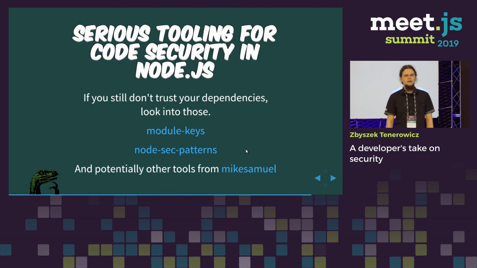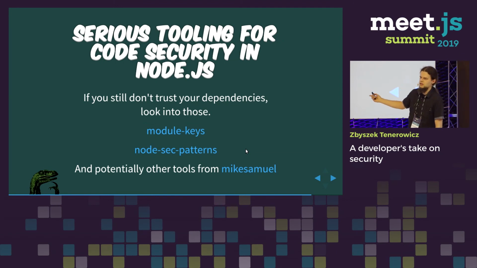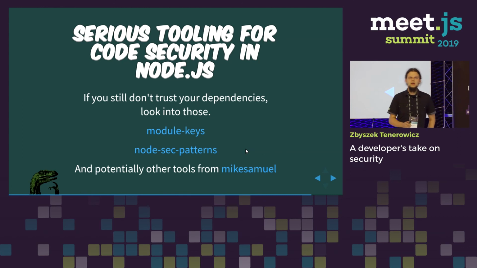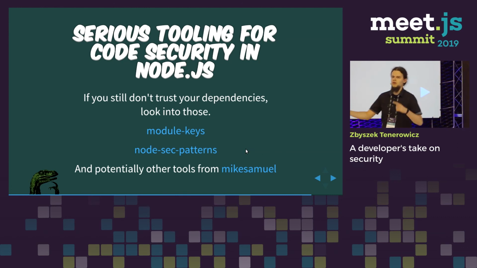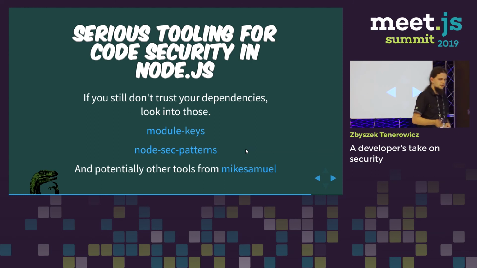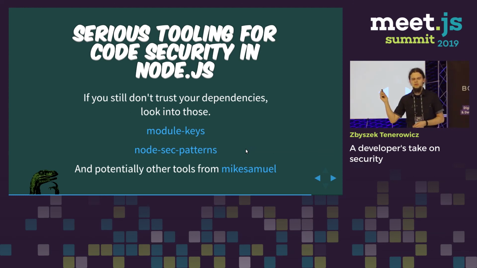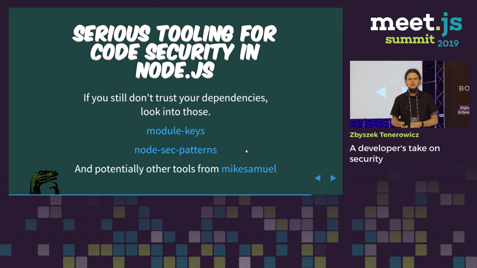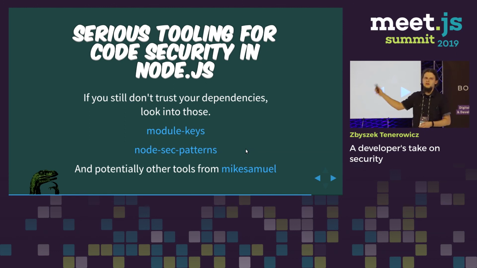OK. Now back to service stuff. For Node.js, if you're really on a critical path for security, and you need to be very careful about the data you're transferring between modules, and you don't trust your own dependencies because there's thousands of them. But even for more valid reasons, there's two modules that could be helpful. Investigate them and see if they're helping your use case. This is very niche.